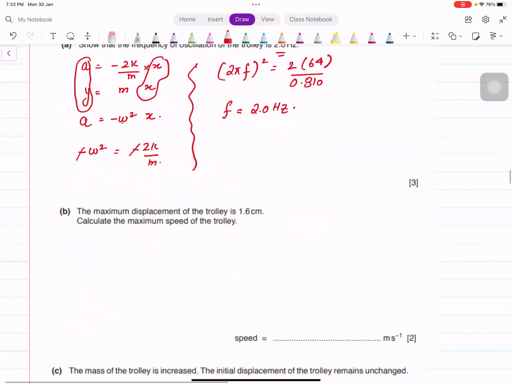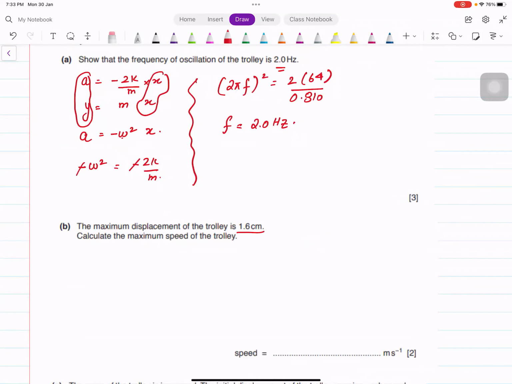And now going to the next one. It says the maximum displacement is this. So the moment you see this, you should remember it is x naught. Calculate the maximum speed. Anybody knows this formula for maximum speed now? V naught equal to omega x naught. Yes, easy, right? So this chapter has just the same pattern. Now we're going to use 2 pi f times x naught. Again, check what is given.